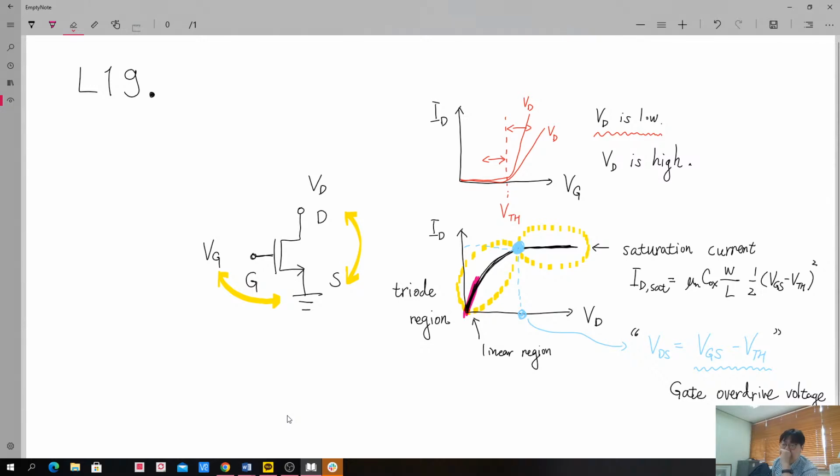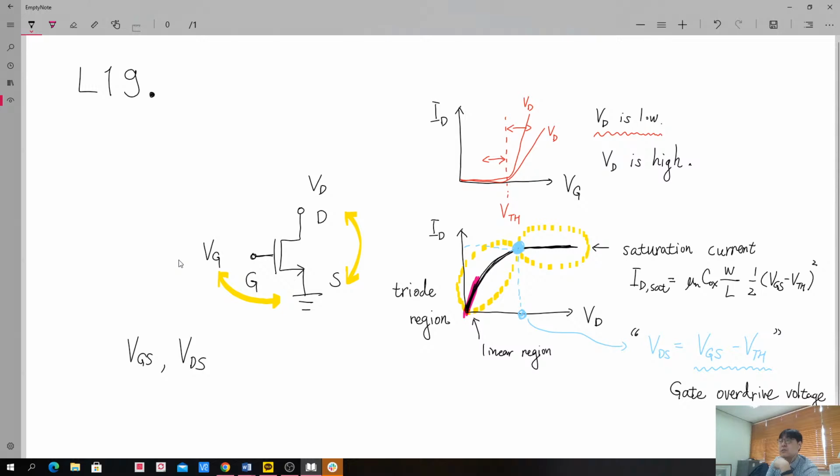So up to now we have discussed a single device. In this case, what we have assumed was that the values of VGS and VDS are known to us. We just set these numbers as given, and we try to calculate a drain current.